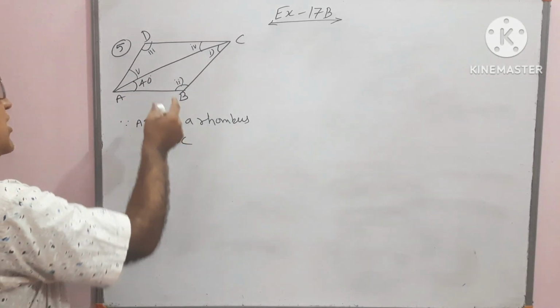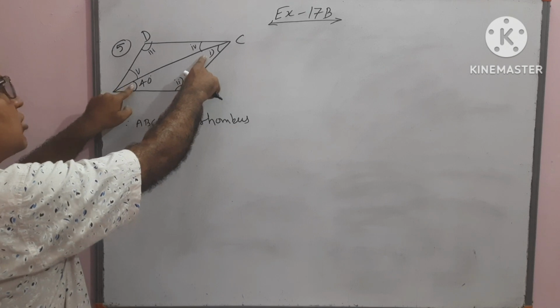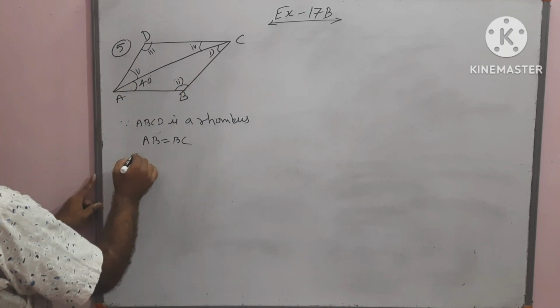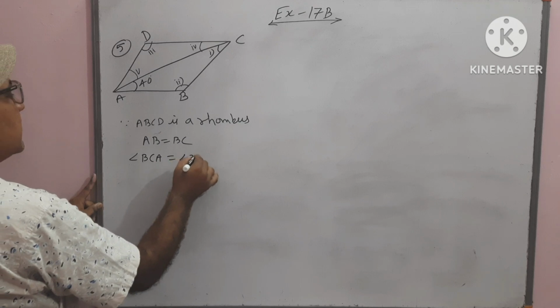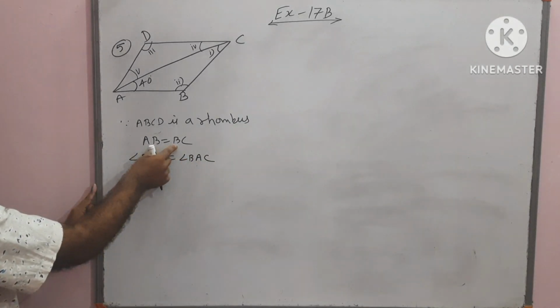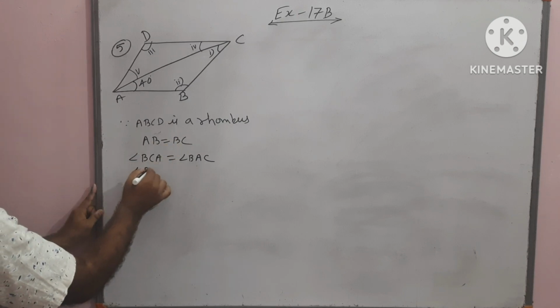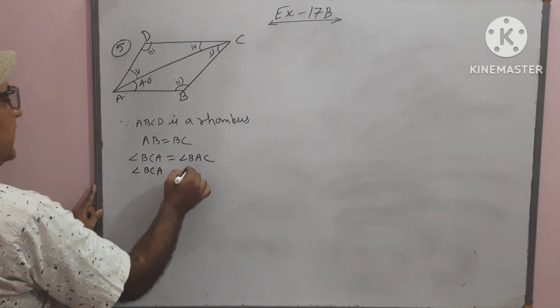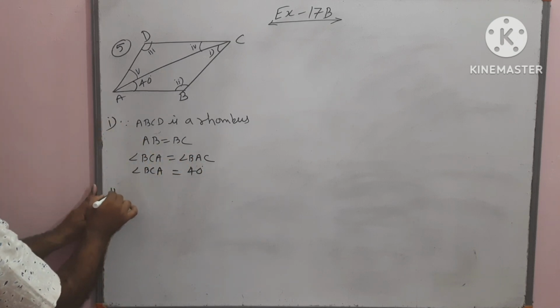In an isosceles triangle, equal sides subtend equal angles opposite them. That means angle BCA is equal to angle BAC, because these two sides are equal, therefore these two angles will also be equal. So BCA is also 40 degrees. This is the first part.